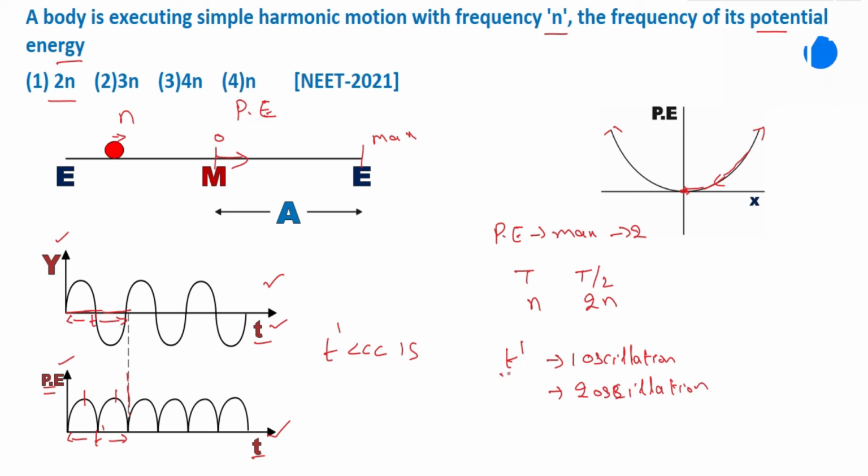For a time t dash, if a particle undergoes one oscillation, the potential energy undergoes two oscillations. That is, for a time of 1 second, if the particle undergoes n oscillations, then for the same 1 second, the potential energy will undergo 2n oscillations. That means if the frequency is n in this case, then in this case the frequency will be 2n.